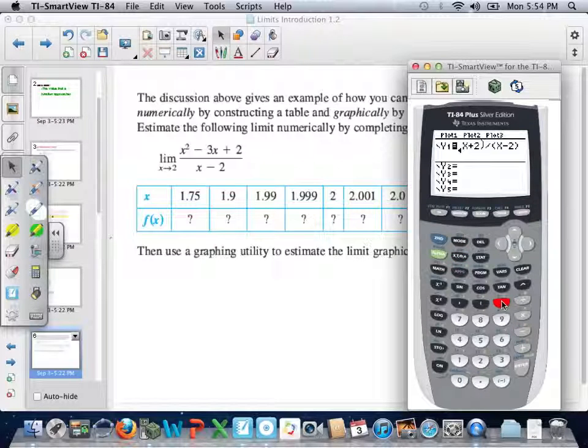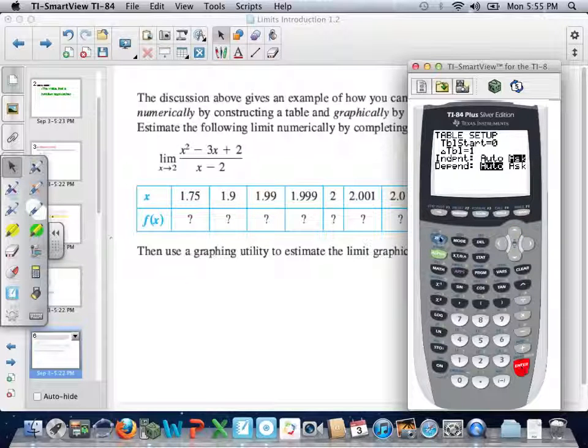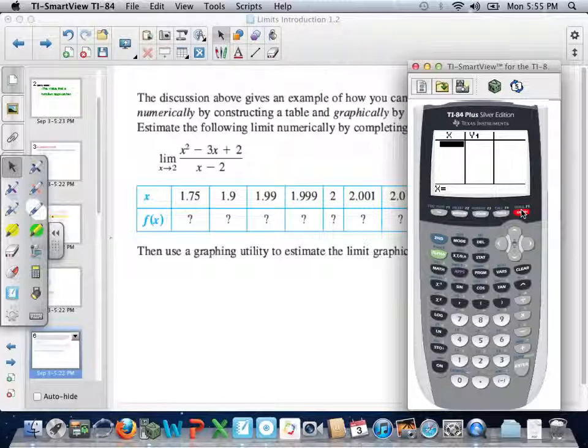Let's look at this table of values. I'm going to start by plugging in the numbers into the table that they give us. So I need to change my table settings. Second table set, I'm going to change my independent variable, which is the x values, to ask. So I can type in any x values I want. I'm going to go look at the table.